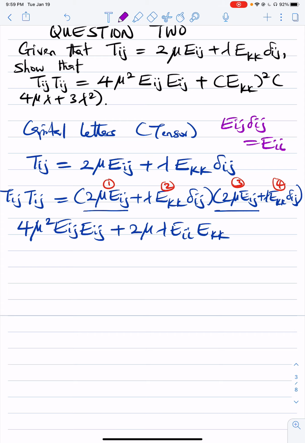We've studied this expression before, right? So when you see that, you can substitute, and that's what I've done automatically. 2 mu lambda Eij times Kronecker delta gives Eii, this.